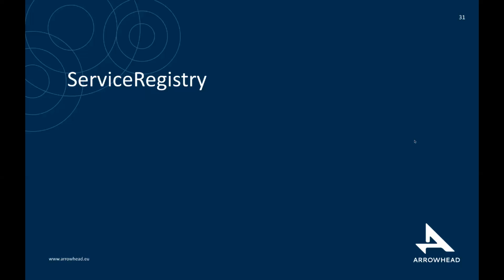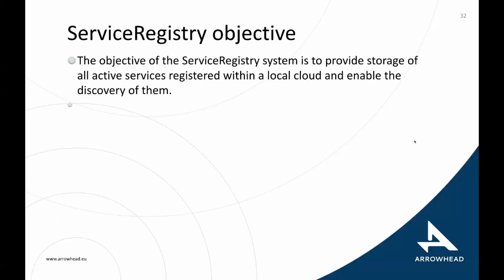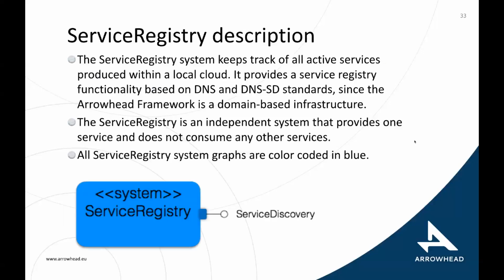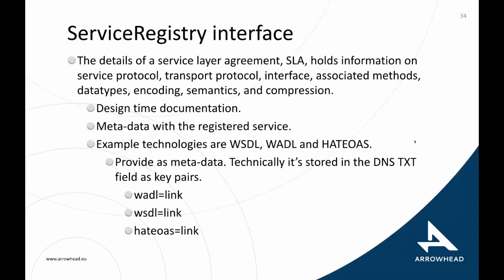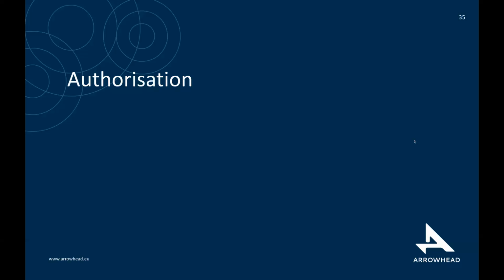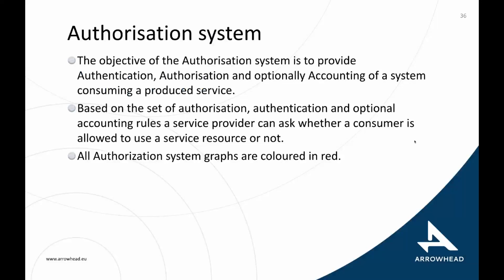And just to briefly walk through some of these core systems, I will be pretty quick on this. So the objective of the service registry is to be able to record all the services available and to be able to find them. And there are some details on that. The authorization system is to be able to do the authentication of the consuming system and to authorize the service consumption.